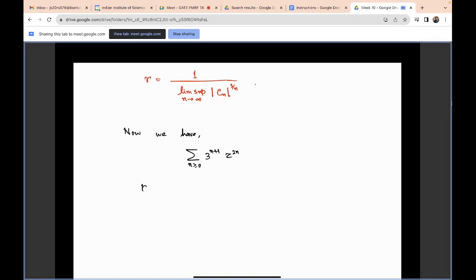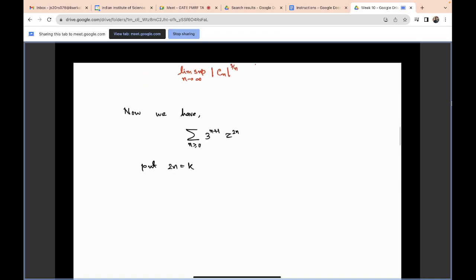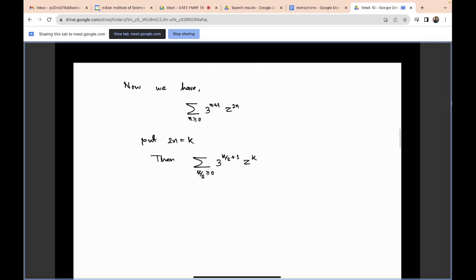So how will you reduce? Put 2n equals k. Then n equals k by 2, and the sum becomes over k with 3 to the power k by 2 plus 1, z to the power k.